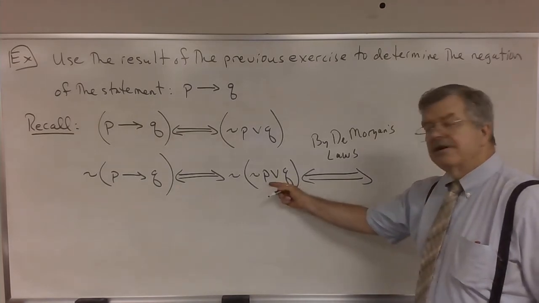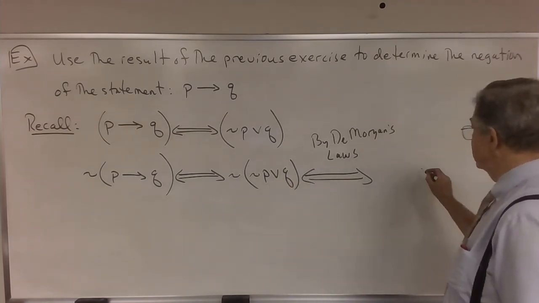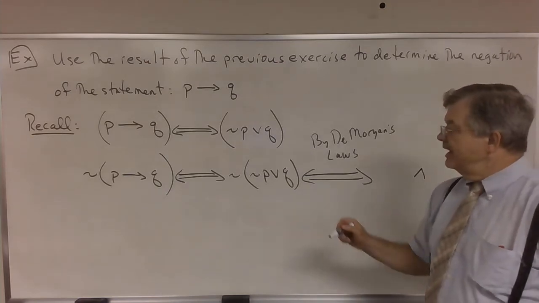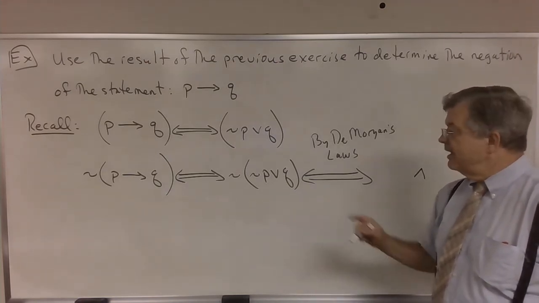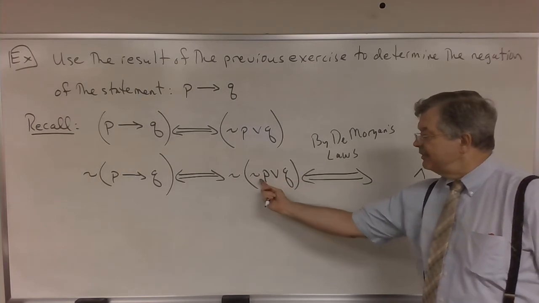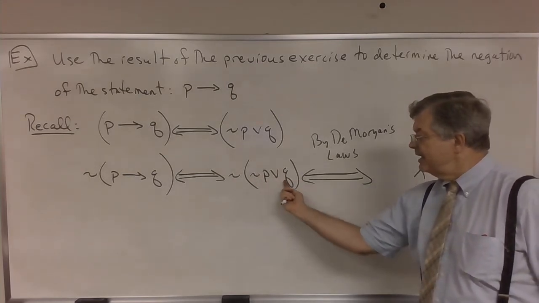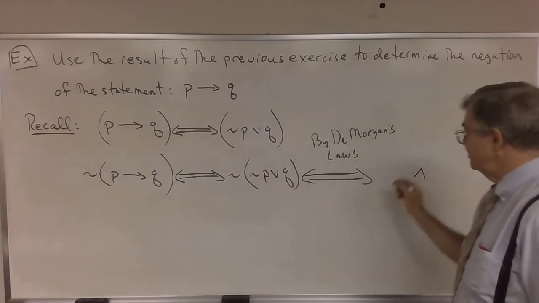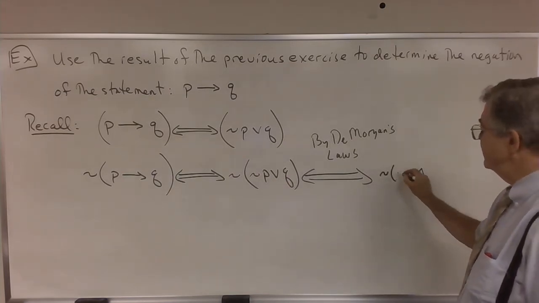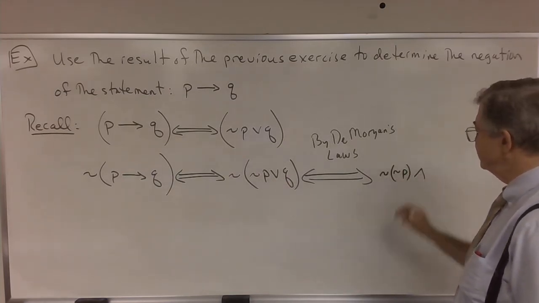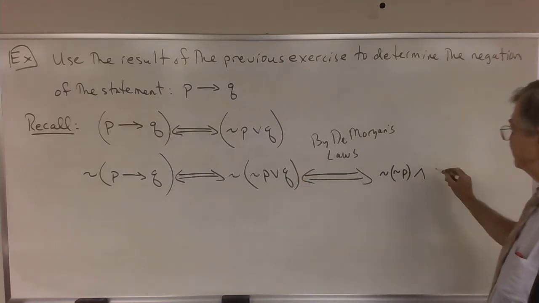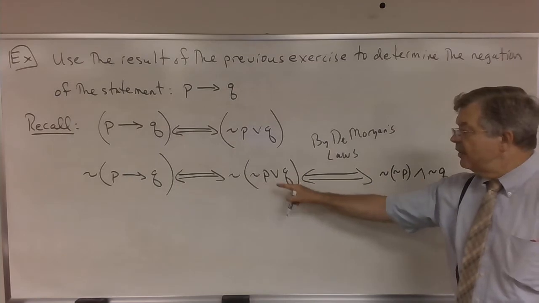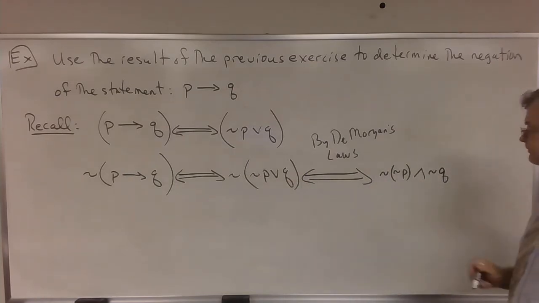The negation of an or statement is an and statement. And here's how we do it. We take each individual simple statement, not P and Q, and we negate these two things. So we take the negation of not P and the negation of Q, and we change the or to an and.